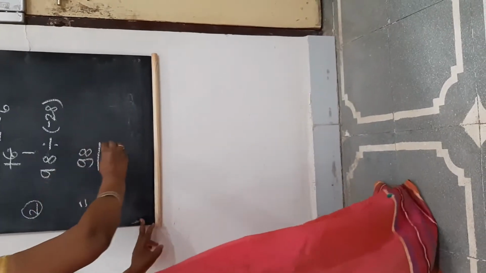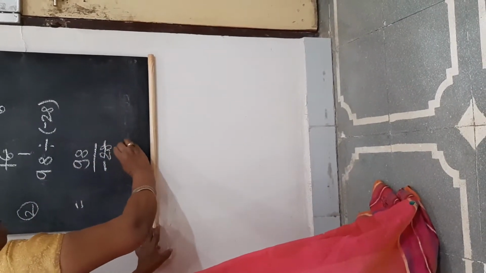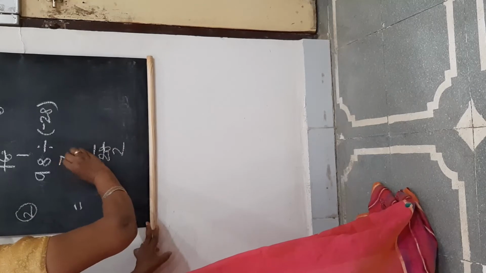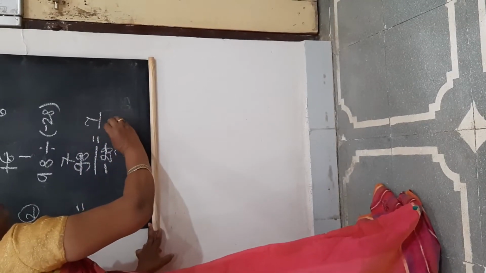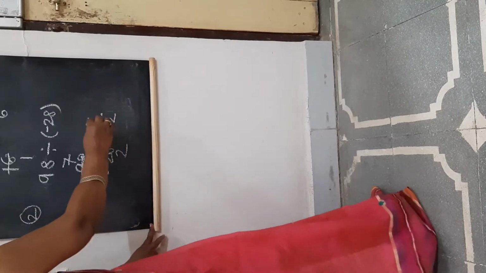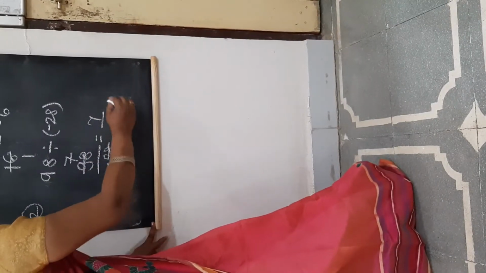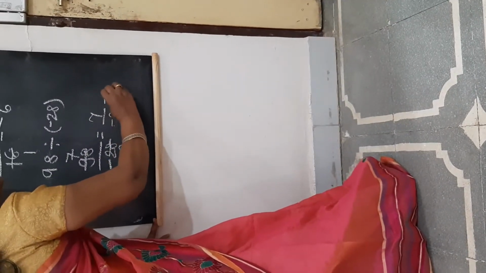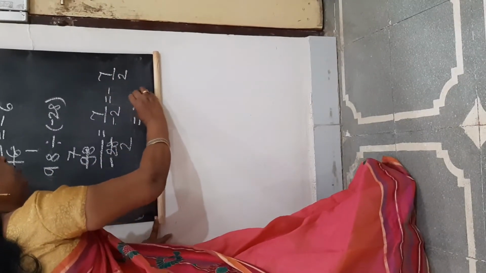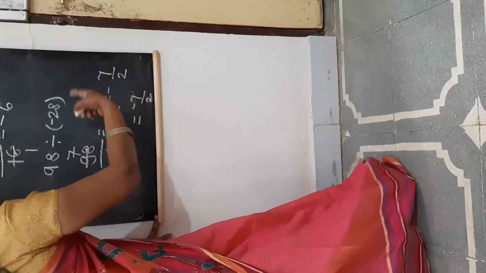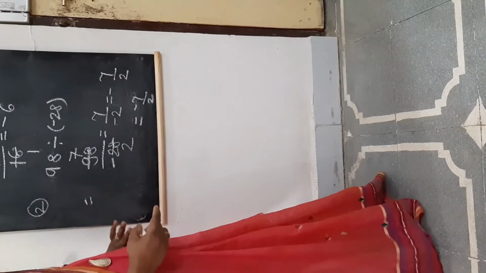So 14 twos are 28 and 14 sevens are 98. So 7 divided by negative 2. This negative sign you can give here also. This is also correct, or this way also you can write. These three answers are the same.